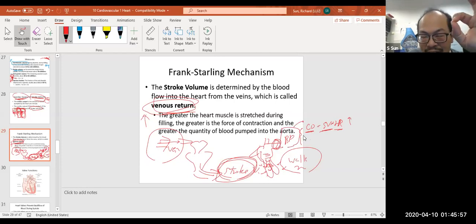So that's one portion. That's clear, right? The other portion of the blood pressure is called vascular resistance. So that is the vessel resistance.